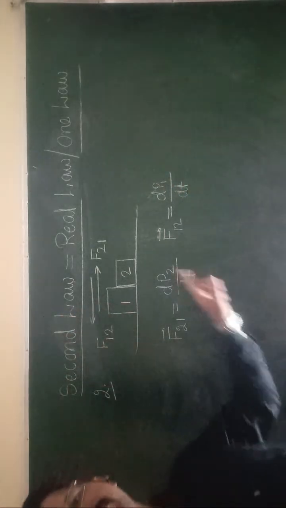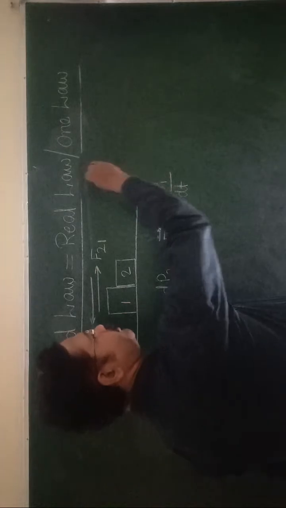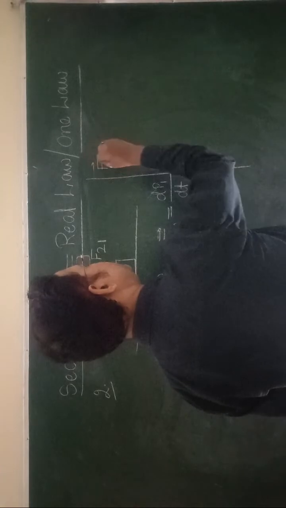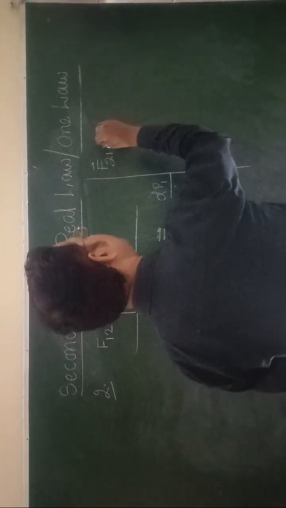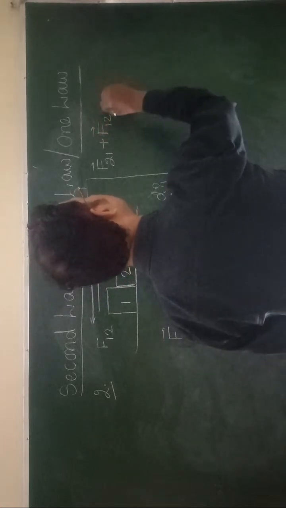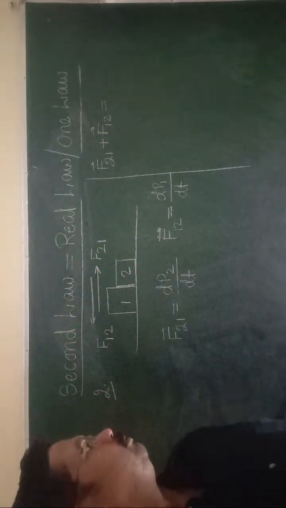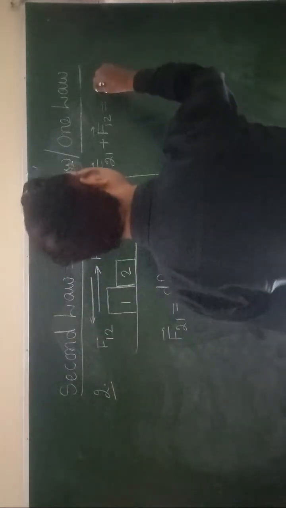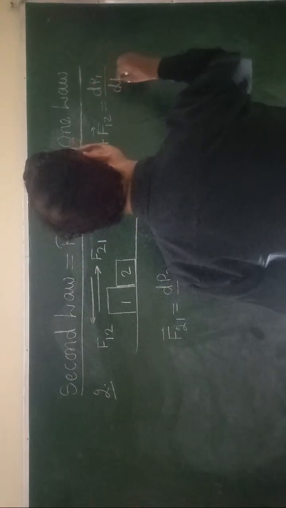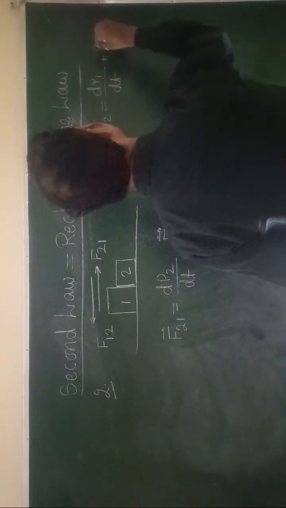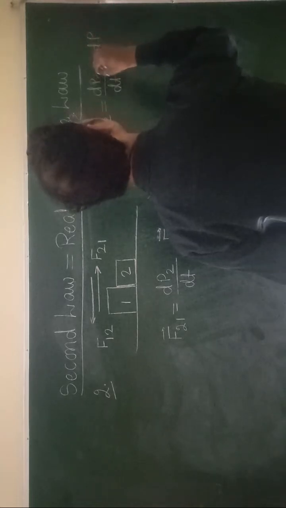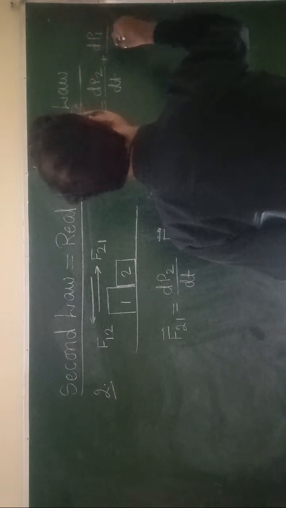So what is the sum of these forces? The sum of these forces is F21 plus F12, which is equal to dp1 upon dt plus dp2 upon dt.